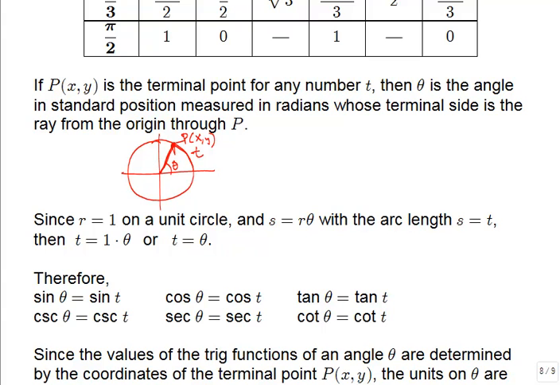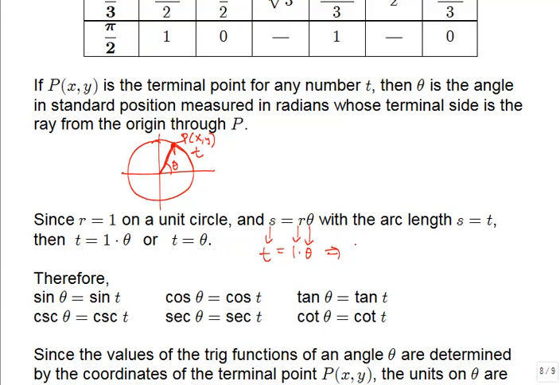Now notice that we're on a unit circle, so your radius is 1, and you should remember from an earlier lecture that arc length s is equivalent to the radius times theta. In our problem, what we're calling this arc length is t, so instead of calling it s, we're calling it t. So this s would be t. Our radius is 1, and theta we're going to call theta.